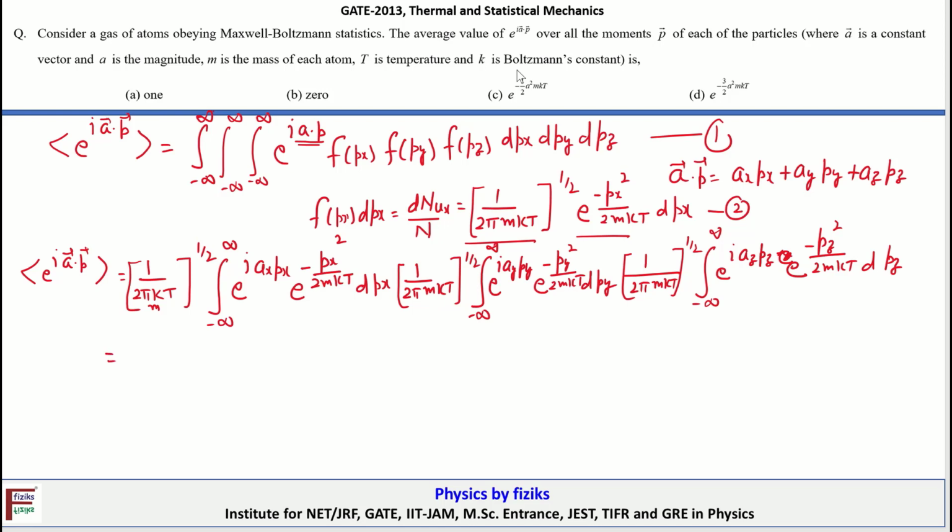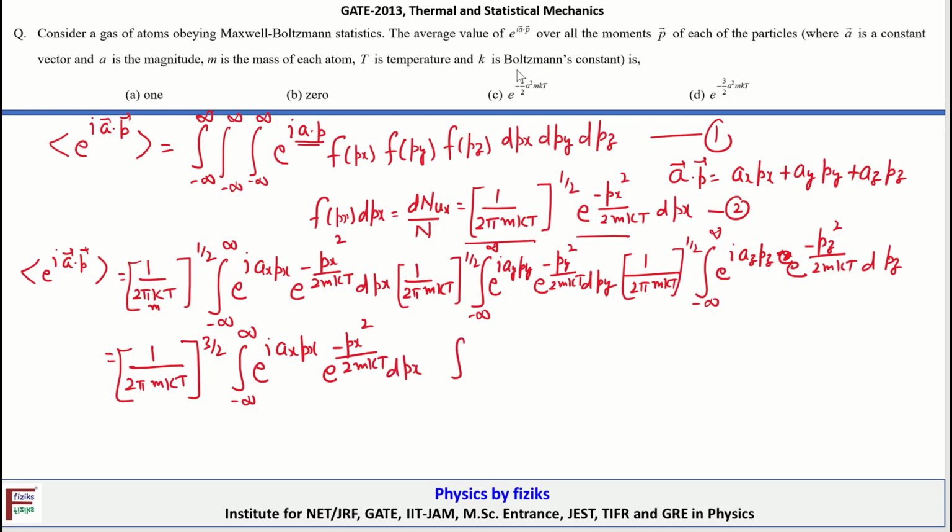I'm clubbing the constant 1 upon 2 pi m kt outside, so it comes out to the power 3 by 2, and then the remaining integral terms: from minus infinity to infinity exponential iota ax px, and the other exponential term exponential minus px square upon 2m kt, dpx, and then the corresponding expressions for y dpy and z dpz. I'm leaving this as equation 2.